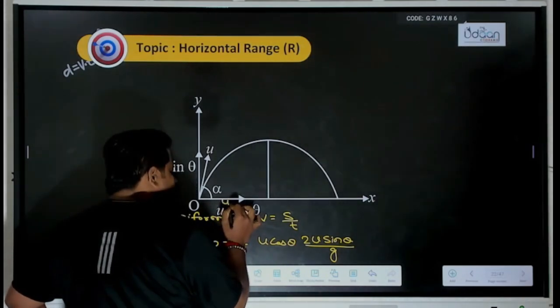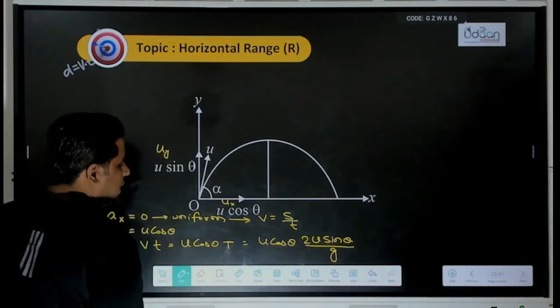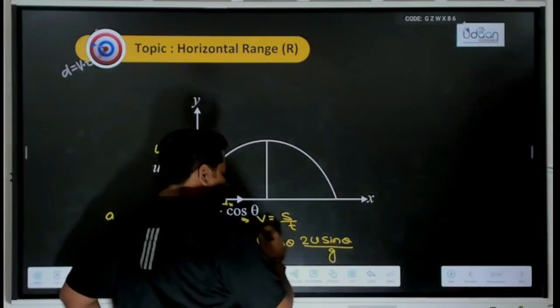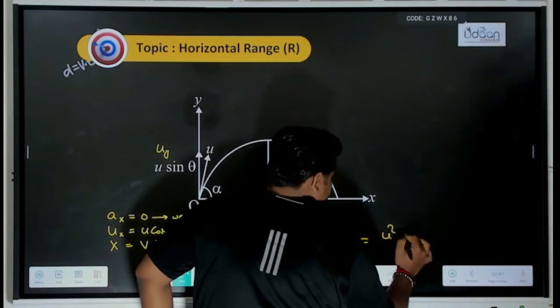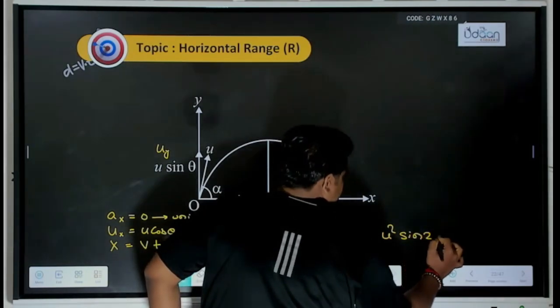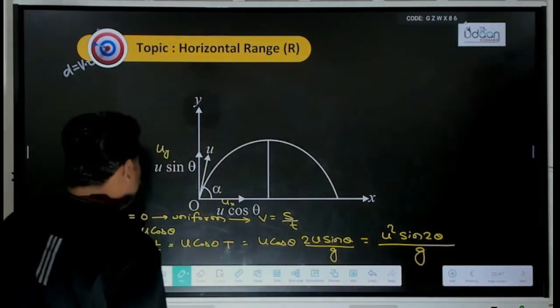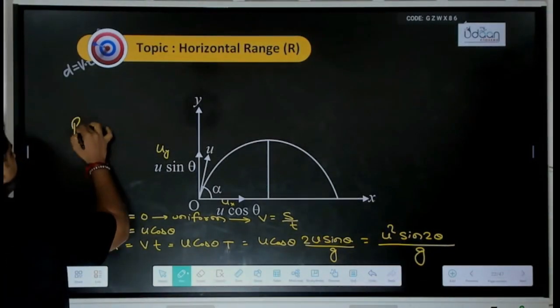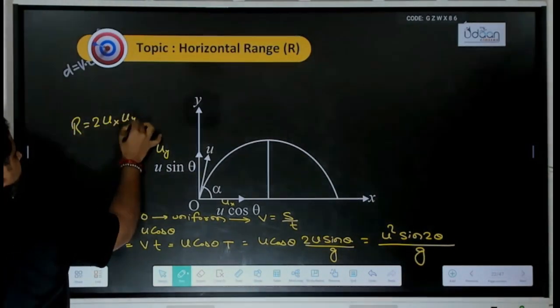Can we say u sin theta is uy? Yes, definitely. So either you remember the formula in this way, u square sin 2 theta by g, or you may remember the formula for horizontal range to be 2 into ux uy by g.